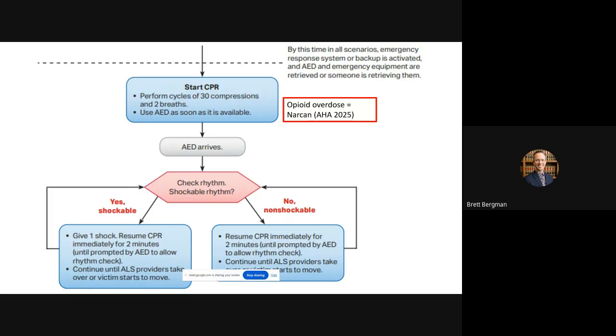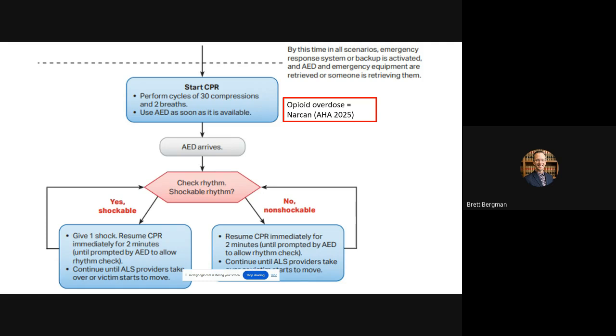But that's what's going to be coming when you renew your CPR at your next cycle, is that there's going to be this kind of new emphasis on Narcan and evaluating for opioid overdose as part of this CPR algorithm.